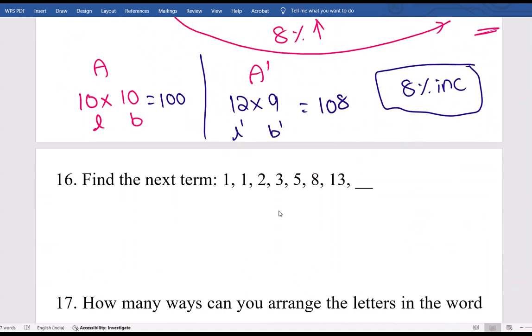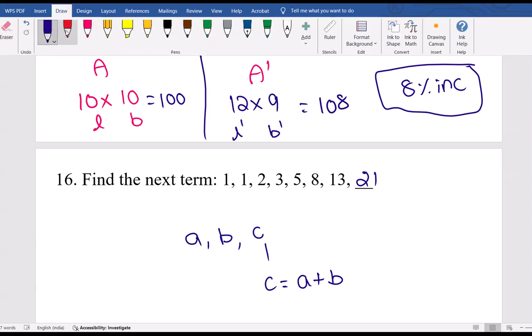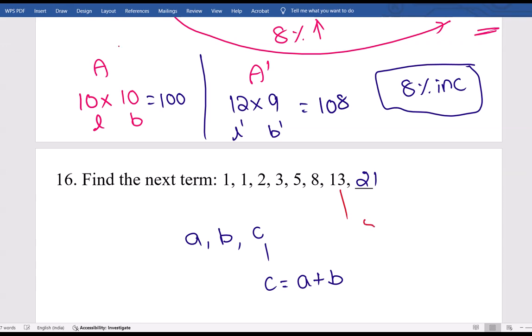Now, what about this question? 21. Correct. It's your first year C programming concept, the Fibonacci series they call it, if I'm not wrong. The addition of the previous two numbers is the present number. Adding previous two: 5 plus 8 is 13, previous two 3 plus 5.